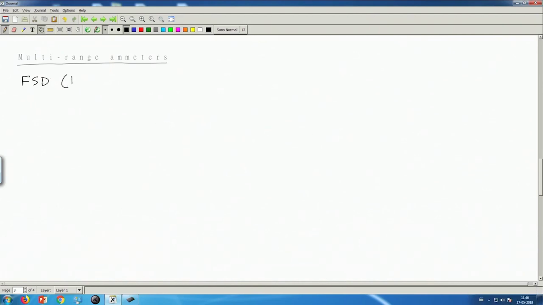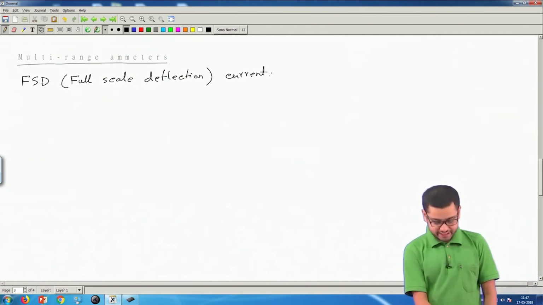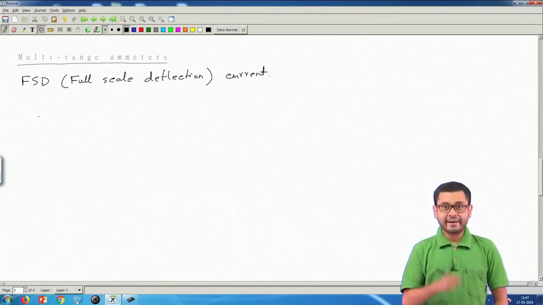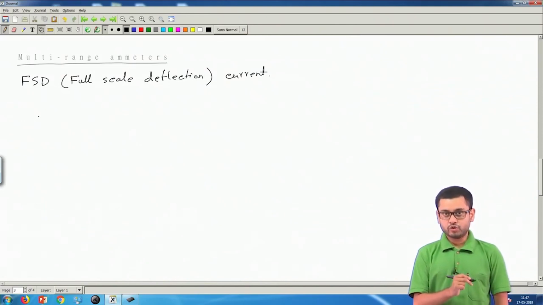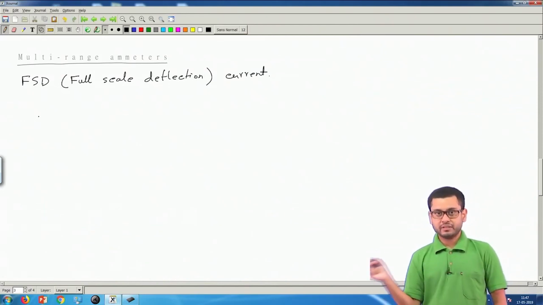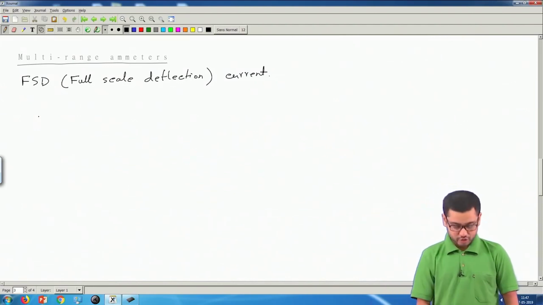FSD stands for full scale deflection current. By this we mean the current that will cause the pointer to move to the extreme right hand side, the extreme position. That current is called the FSD current.